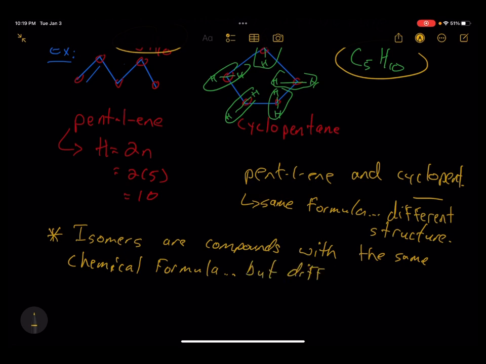And in organic chemistry, different structure would mean different names, because you name a compound based on its structure.